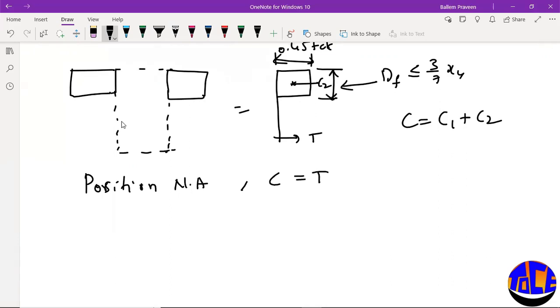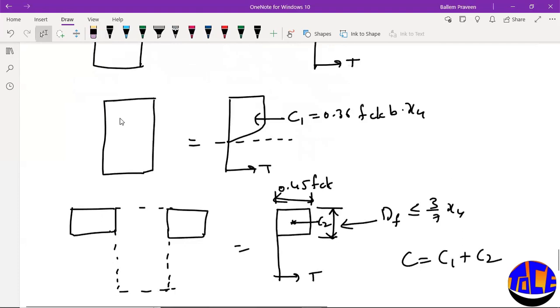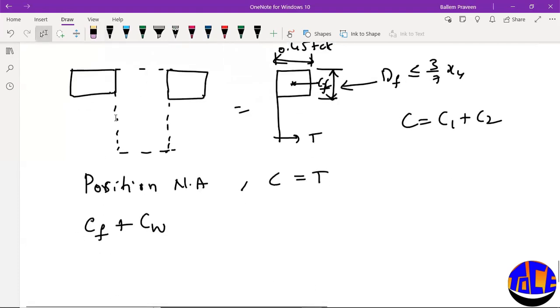So by equating C with T. C will be C1 plus C2, right? That is the compressive force in web plus the compressive force in flange. So this is the compressive force in web, right? And this is the compressive force in flange, right? So it is equal to T. How can we find the compressive force in flange? The stress into the area will give you the force.